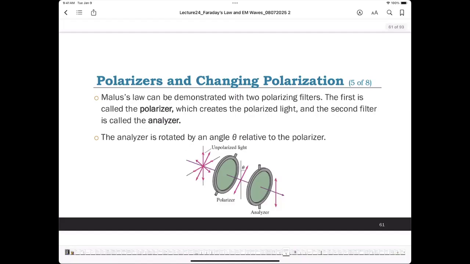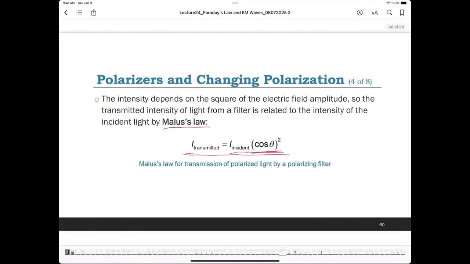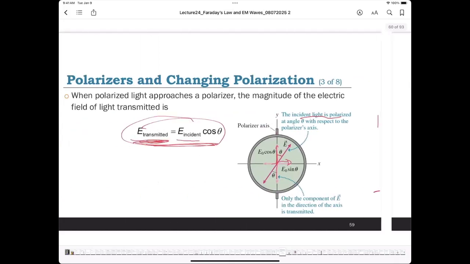The analyzer is rotated by an angle theta relative to the polarizer. You can see this is the angle. This explains what this theta is.